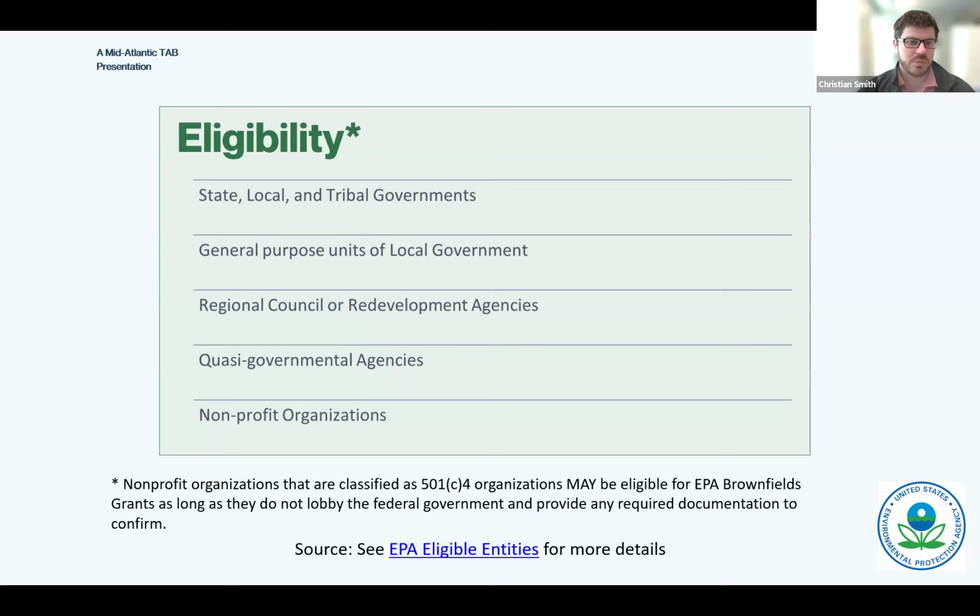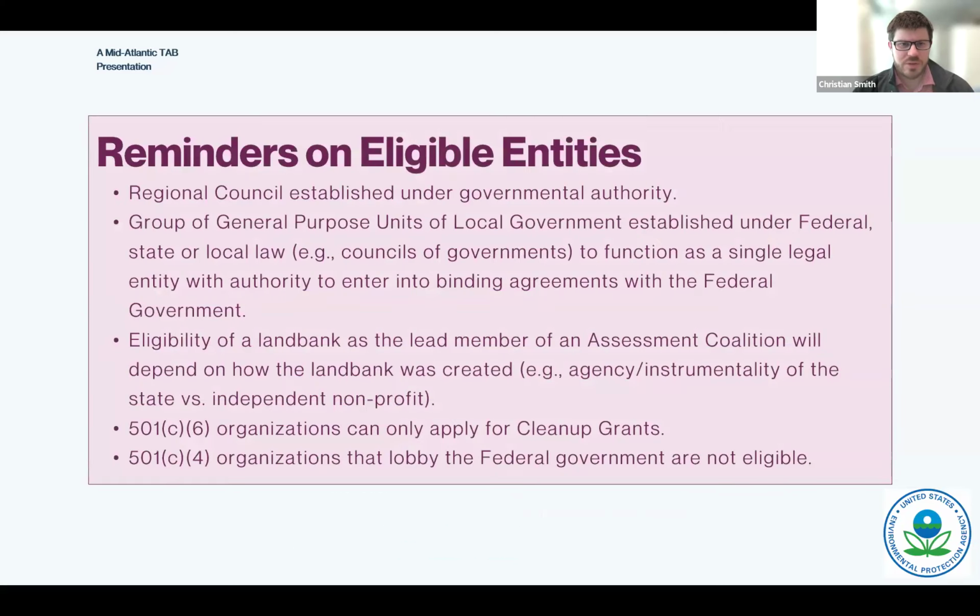We're not awarding grants to private citizens, for-profit companies and industries. So again, we're not trying to give awards to responsible parties either. So again, these are some of the eligible entities. These will all be posted in the notice of funding opportunity as well. So I think on the next slide, I'll talk a little bit more about some of the nonprofits.